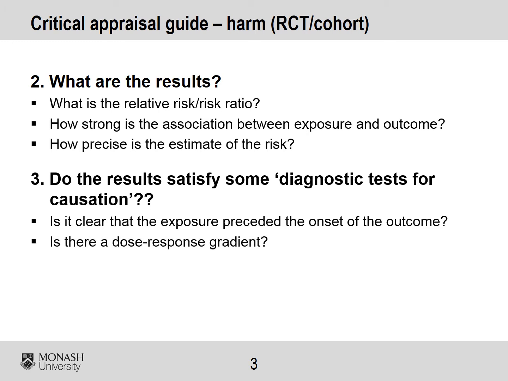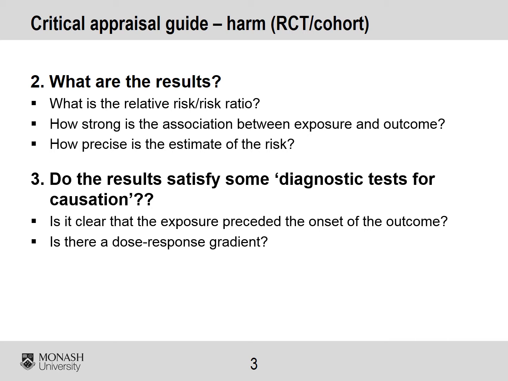Is there a dose response gradient? This will be more relevant for studies around drug interventions, for example. If you're focusing on secondary outcomes, you may be looking at NSAIDs for a particular therapeutic outcome; for an assignment around harm, you may focus on the adverse events of that particular NSAID.